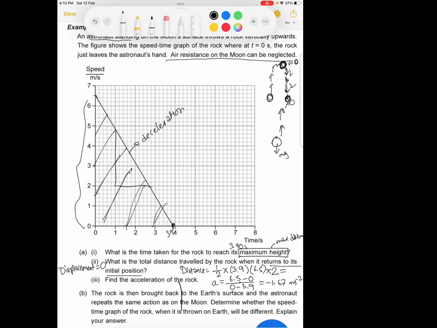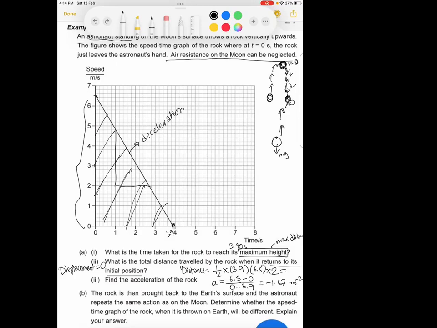Yeah, the next question. The rock is then brought back to the Earth's surface, and the astronaut repeats the same action as on the moon. Determine whether the speed time graph of the rock when it is thrown on Earth will be different. Explain your answer. It will be different, right?